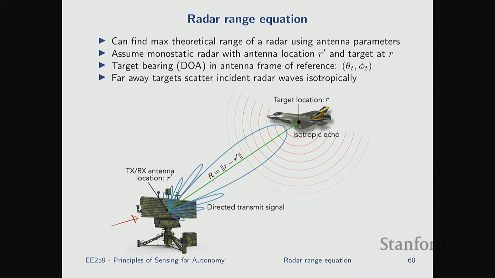It has some radiation pattern, or a gain pattern, and then there is some target at location R. And then once we hit the target, echoes are going to be distributed isotropically, or actually it's spherical waves that the target echoes back. And those spherical waves, because the target is so far away, by the time they reach back the receive antenna, are approximated as plane waves. That's basically the setup of the problem that we're trying to solve.